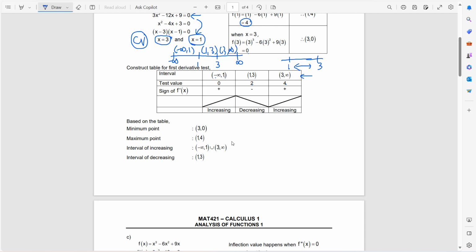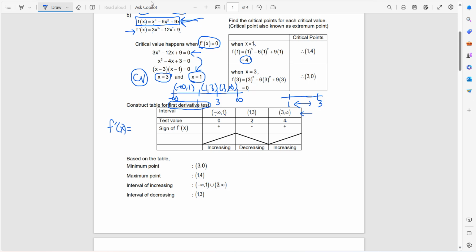Since we are going to use the first derivative test, we need to understand how to use this particular test. So the sign of f prime: we already know that f prime of x is equal to 3x squared minus 12x plus 9.